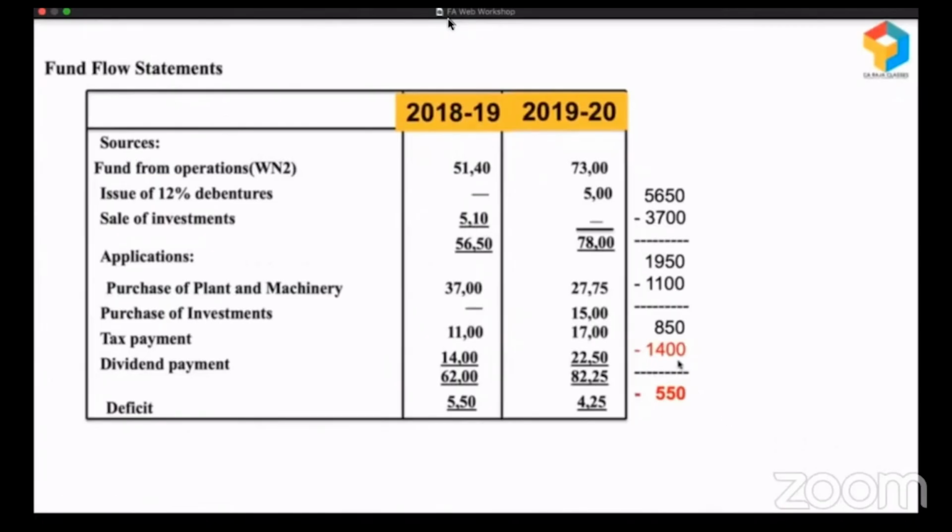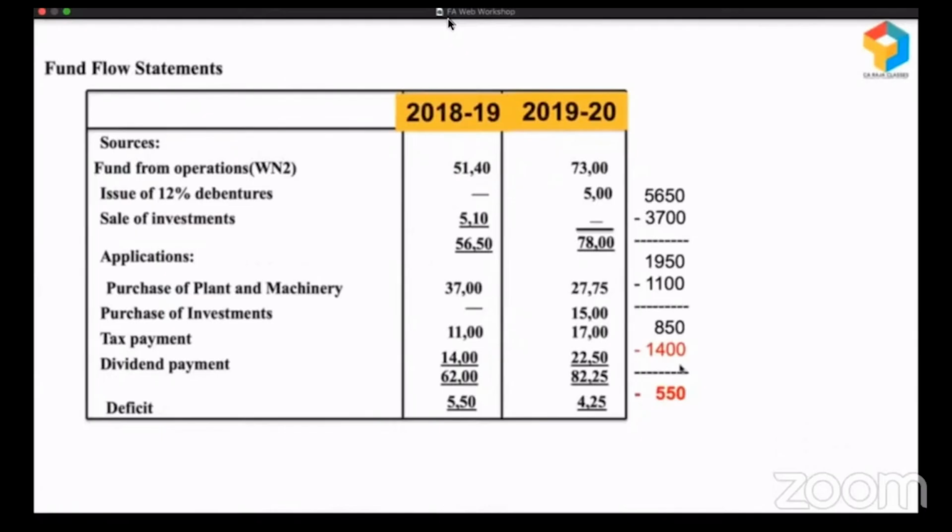Or the other way is, when they have an investment to make to the extent of 3,700, why are they paying dividend? They could have used this money for funding that, right? They didn't. They paid dividend when they didn't have adequate funds. When they had only 850, they paid 1,400. They simply diverted short-term funds for long-term purpose.